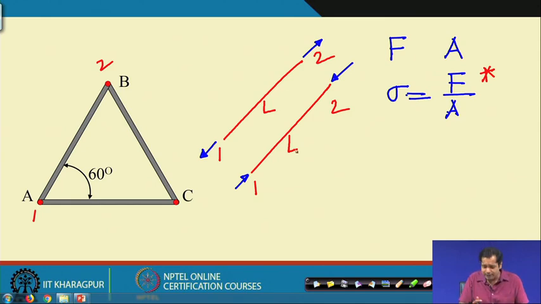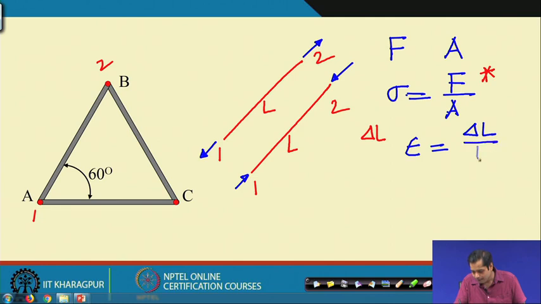Suppose the change in length is delta L. Then the strain is equal to delta L by L. If it is tension, delta L is positive. If it is compression, shortening takes place, delta L is negative, and automatically the strain is compressive.